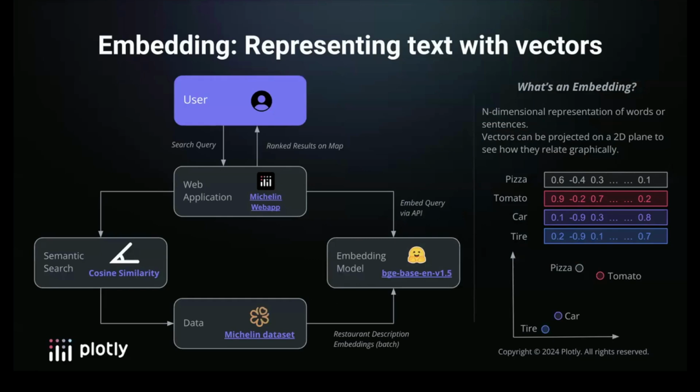Yeah. This slide actually gives a little bit the idea of the architecture of the app. On the right side, we have just a refresher of what an embedding is, basically starting from text, and in this case, restaurant descriptions that were part of the dataset we've been working on.